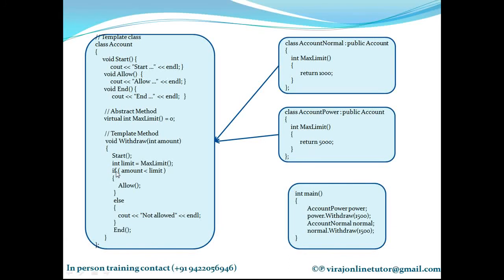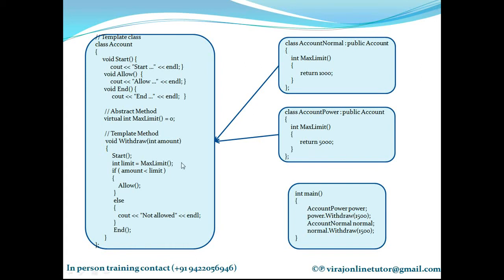Step number 3 of the algorithm says if the amount that is passed from outside is less than the max limit, then you allow the transaction. If the amount that comes from outside is greater than or equal to the limit, then print not allowed on the screen.